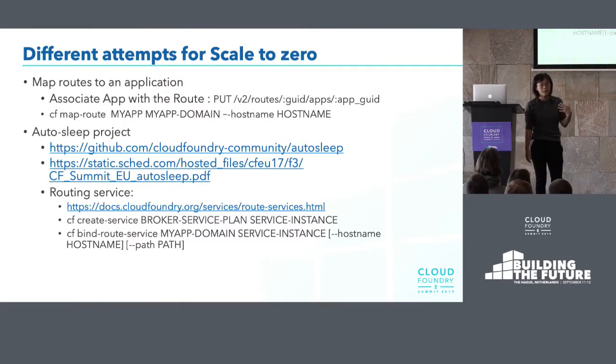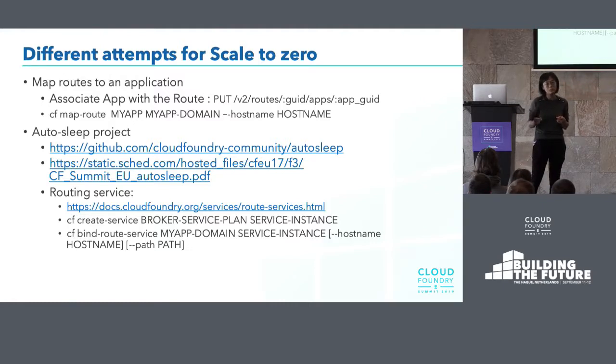In fact, in the past years, there have been several different attempts to achieve scale to zero on Cloud Foundry. The most basic one is to map the routes to an application, similar to the command cf map-route. But the problem here is that on Cloud Foundry, a route is a resource related to a space.